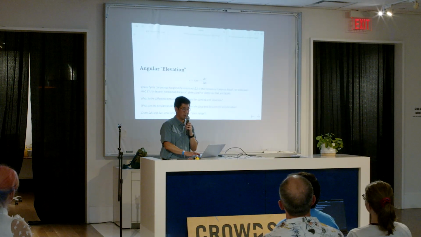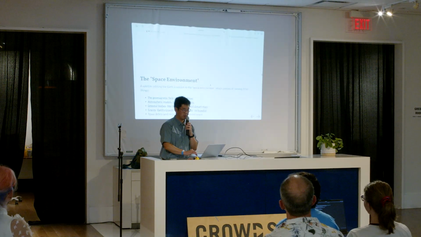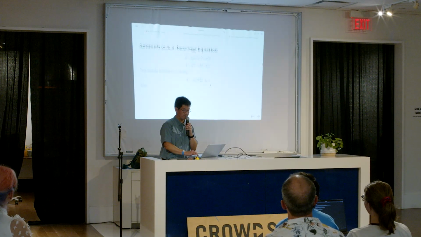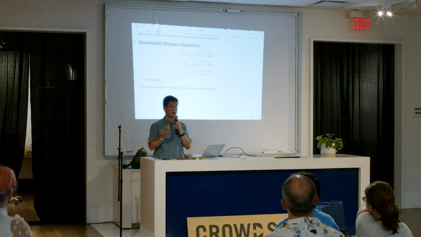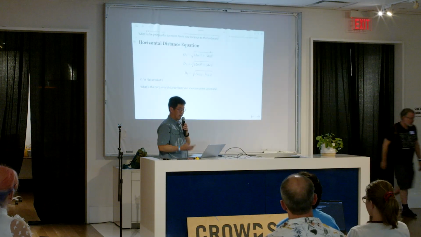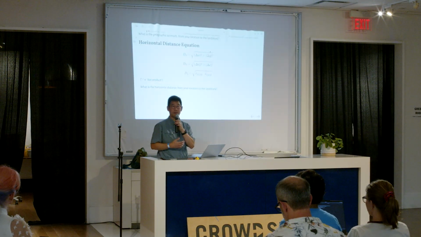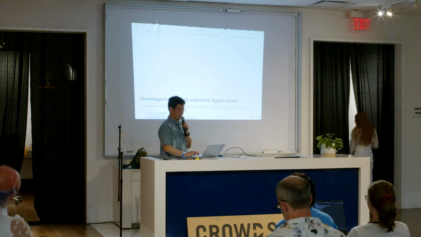We have this inverse tangent equation, and we have this sum of the square roots equation, right? So it turns out we use these equations a lot, and I've taken more advanced math classes, but I think I use these equations a lot more than any of my more advanced math.